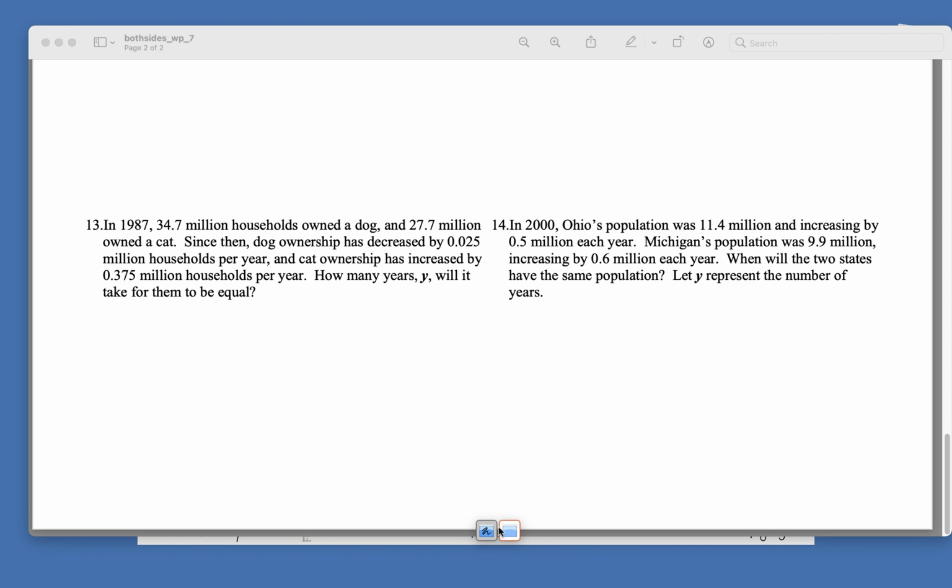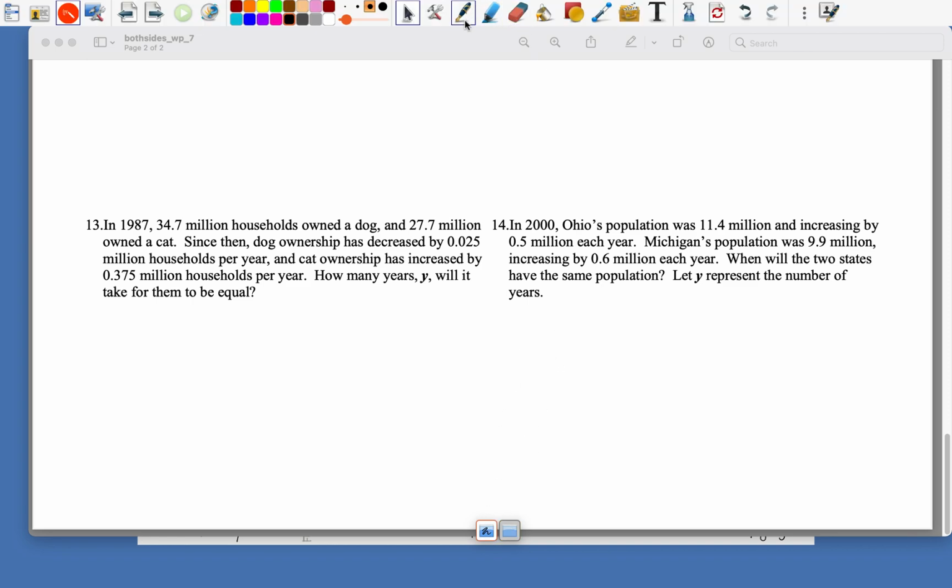In Ohio, the population was 11.4 million and increasing. Michigan was 9.9 and increasing by 0.6. When will the two states have the same population? So Ohio starts with a little bit more and increases by 0.5y. Michigan starts with a little bit less, but increases at a higher rate, 0.6 million per year.